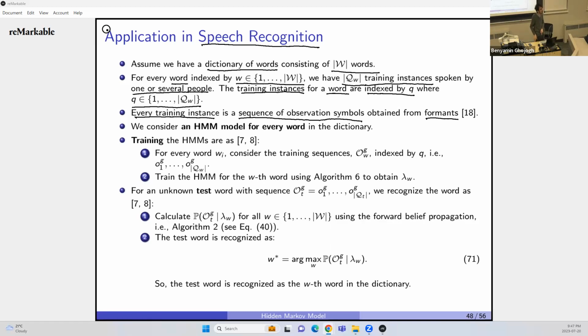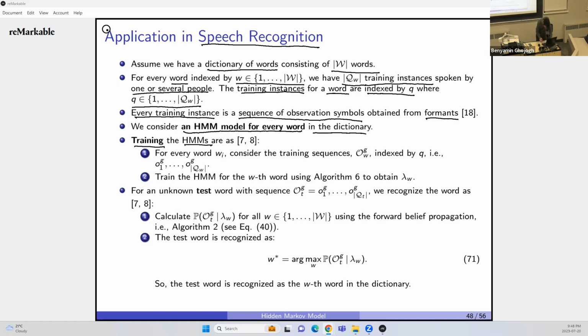They are called formants, okay? So you can define every training instance, every piece of speech, as a sequence of the formants, right? We consider an HMM model for every word in the dictionary. So if I have 1,000 words, I will have 1,000 hidden Markov models, right?